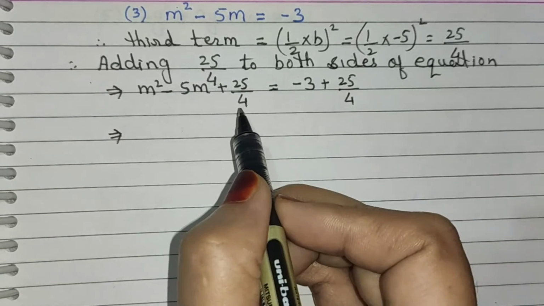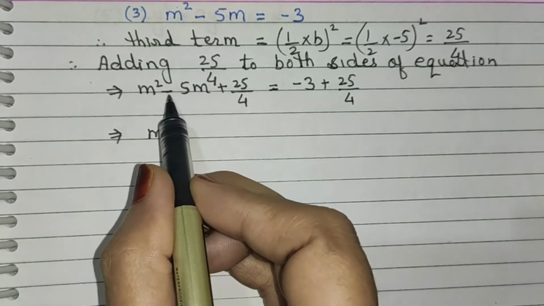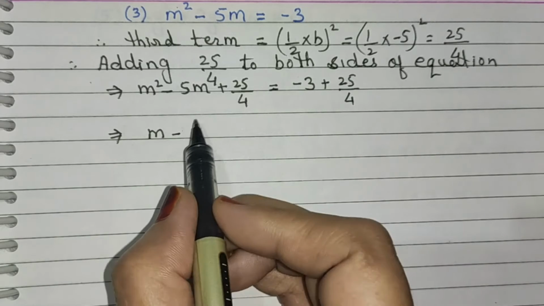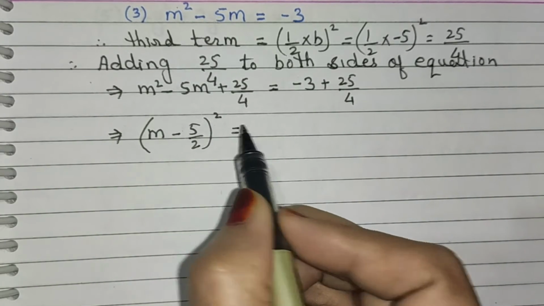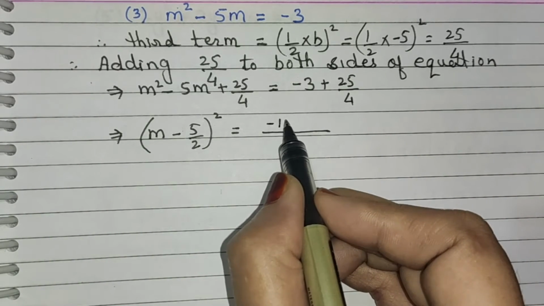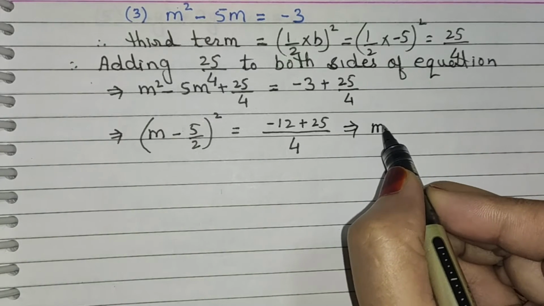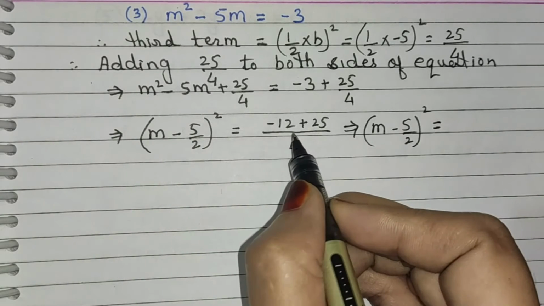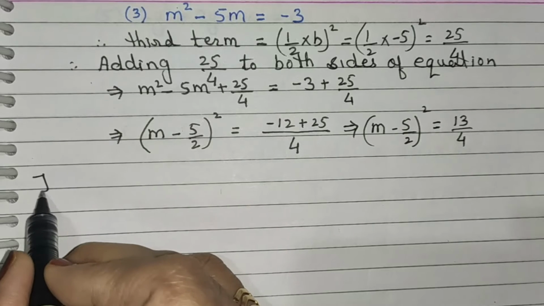Now, look at the left hand side carefully. First term m, take the sign of the middle term minus and take the square root of 25 upon 4, which is equal to 5 upon 2, whole square is equal to, now solve it, take the LCM for cross multiply, -12 plus 25. Now we get here m minus 5 upon 2 whole square is equal to -12 plus 25, 13 upon 4. Now taking square root on both sides.